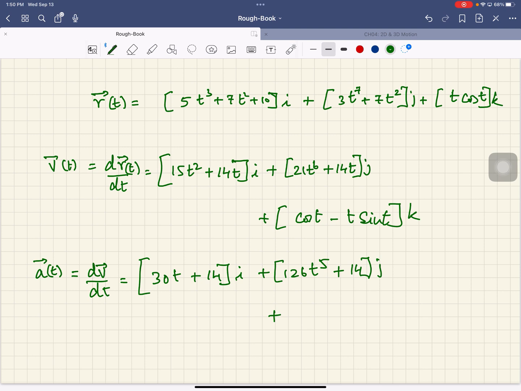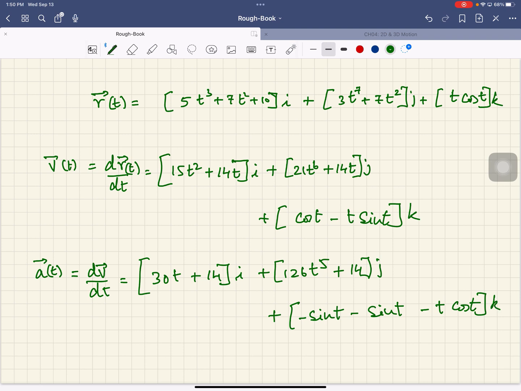All right, you do the last part. Negative sine t minus, I think it's cosine, plus. Okay.